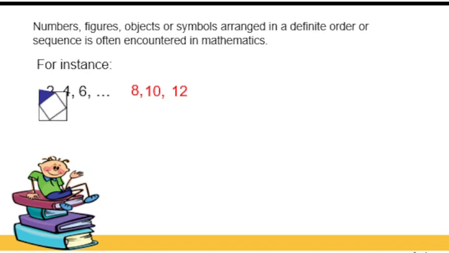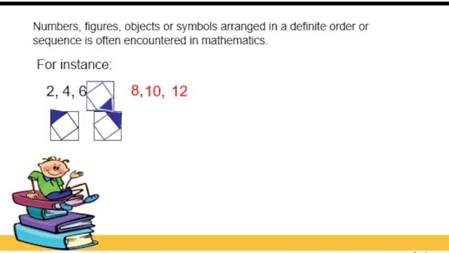Another, for the square, if you will notice that the color is on the top left, the next would be on the top right, next would be on the bottom right, and the next is on the bottom left. So perhaps the next would be the whole square colored.